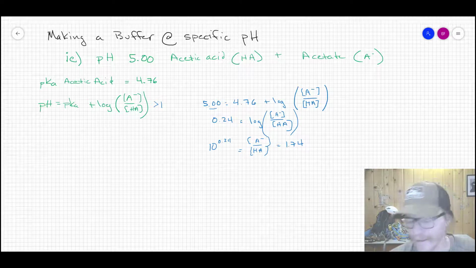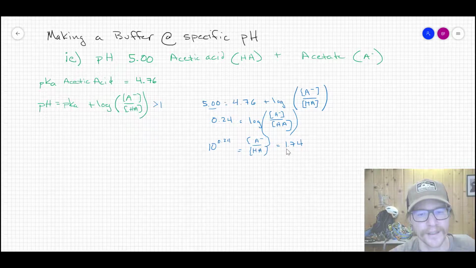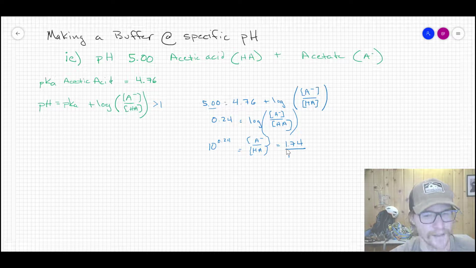I like to think about this too. When you have a ratio and it's equal to 1.74, what that really means is that you have 1.74 parts of base for every 1 part of acid. That helps me really understand what is going on here.